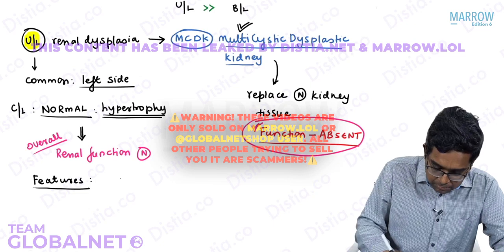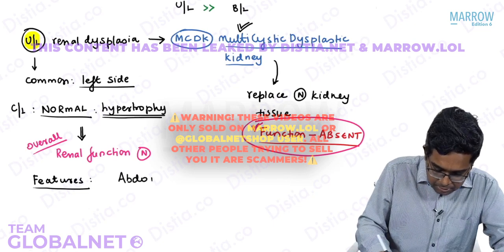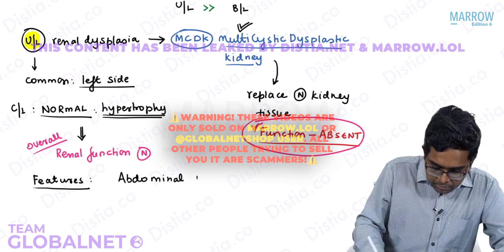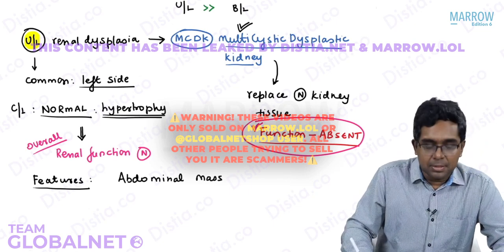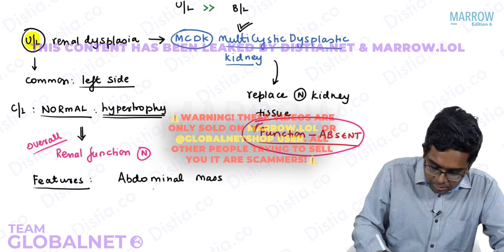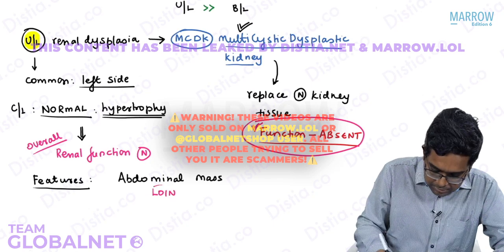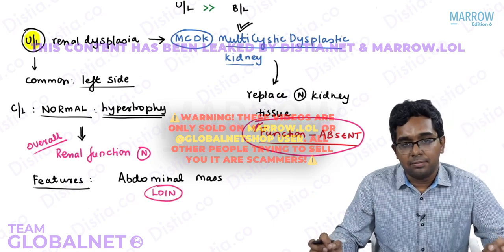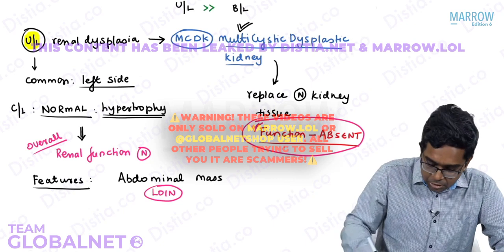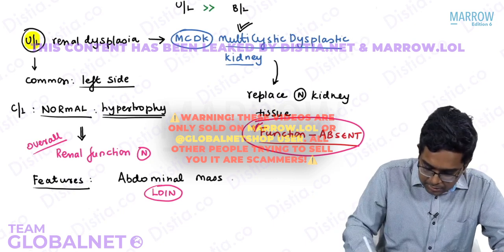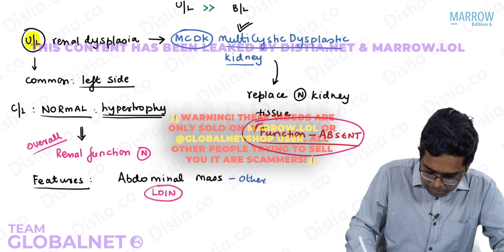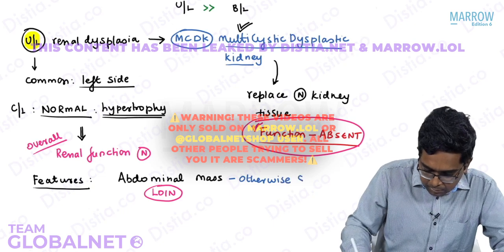You will have an abdominal mass as the presentation. In which area is this abdominal mass present? It is in the loin region. That is the region of the kidney, and that is where you will have the abdominal mass. The child will be otherwise asymptomatic, except for the abdominal mass.